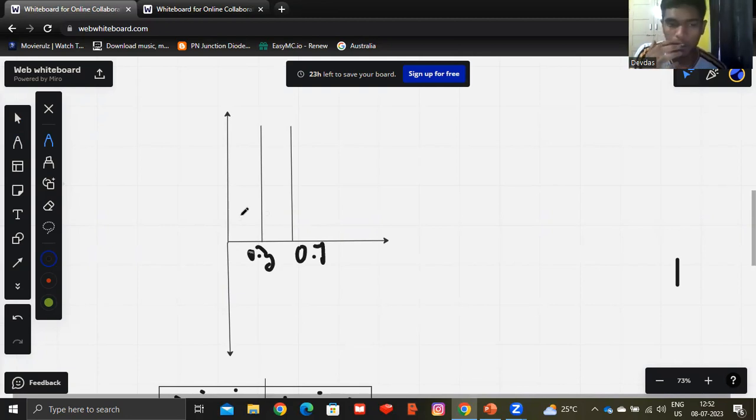For an ideal diode, since it has zero forward resistance and zero forward voltage drop, the moment the voltage increases to 0.3, there's a linear increase in forward current, and this is for the germanium diode, since 0.3 volt is the forward voltage drop of germanium diodes, and this is for silicon diodes, 0.7. Similarly, when the forward voltage increases to 0.7, there is an extremely linear increase in the forward current of the silicon diode. So these are the characteristics and the introduction of the diode. We'll continue in the further videos.